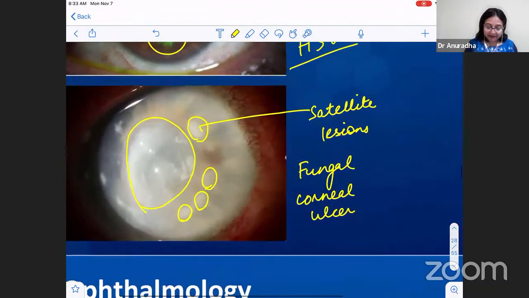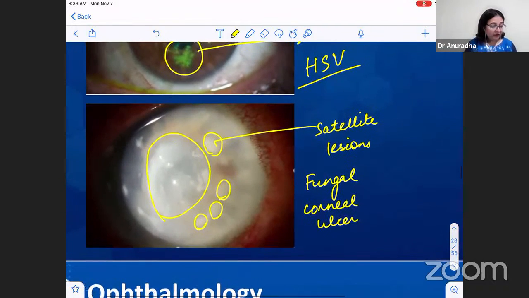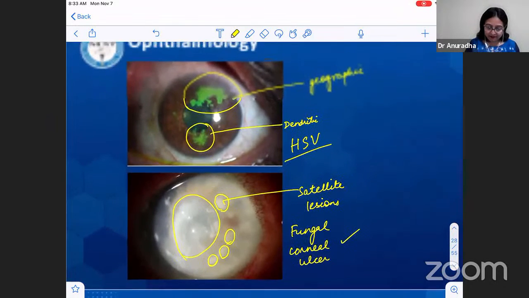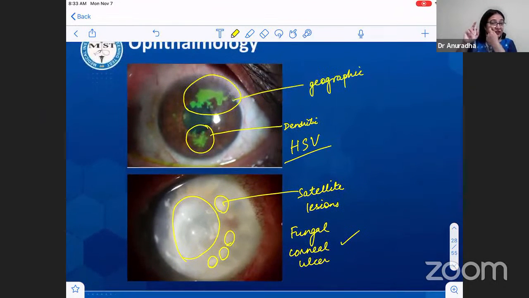And you can identify the satellite lesions, which are feature of fungal corneal ulcer.